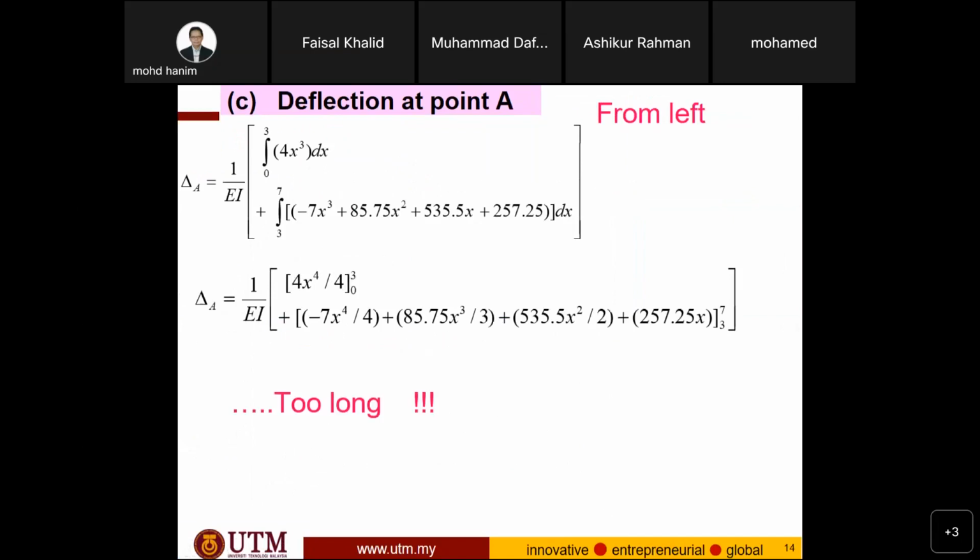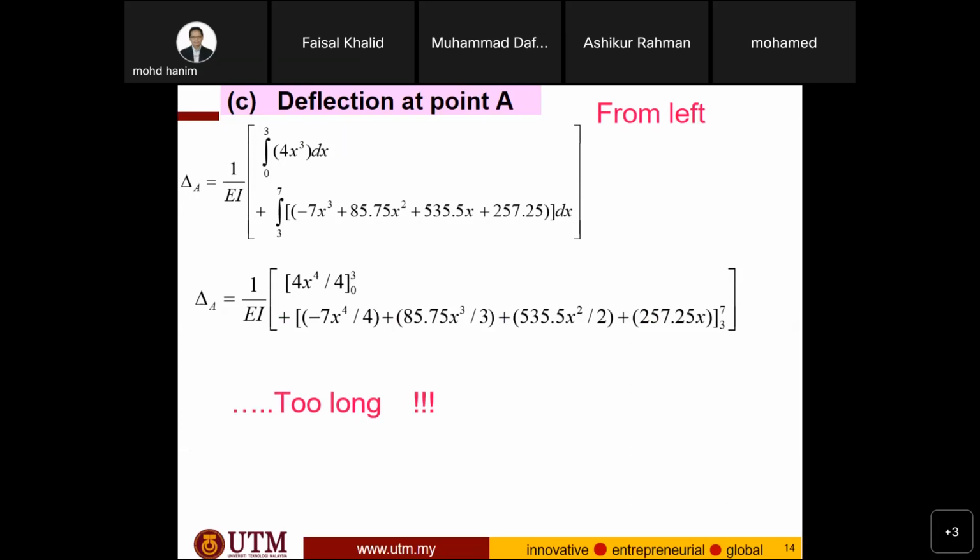So this is the answer. And you see here, this is my comment: too long, and also it is subject to error and mistake, whether in calculation or in writing.